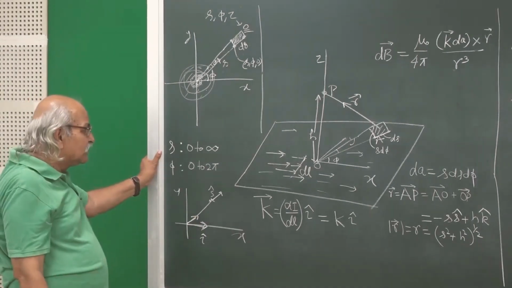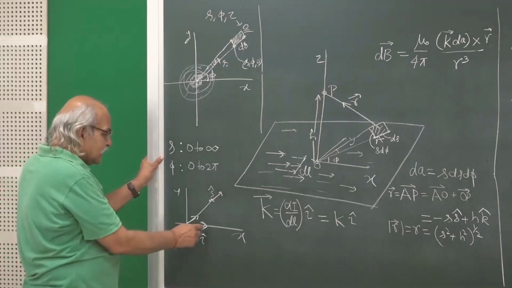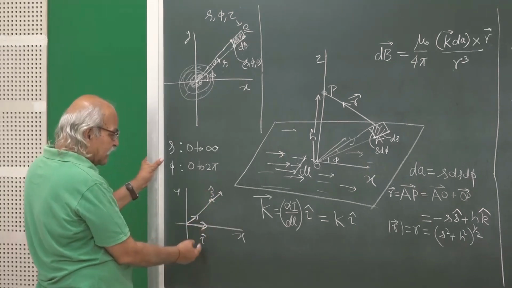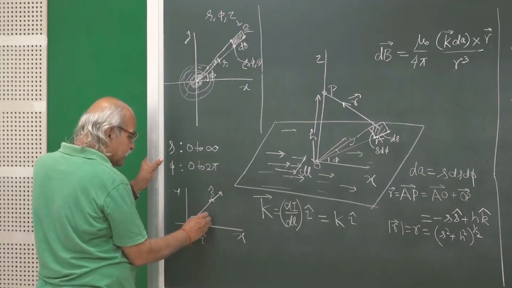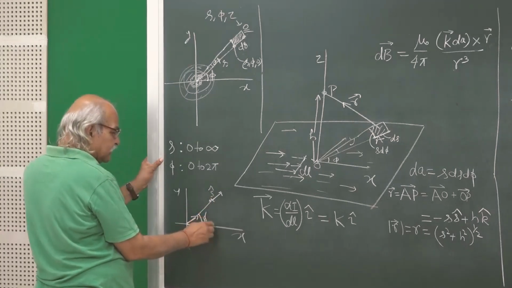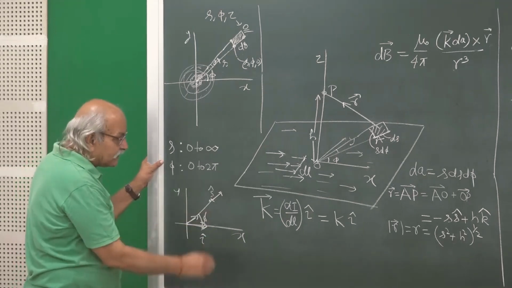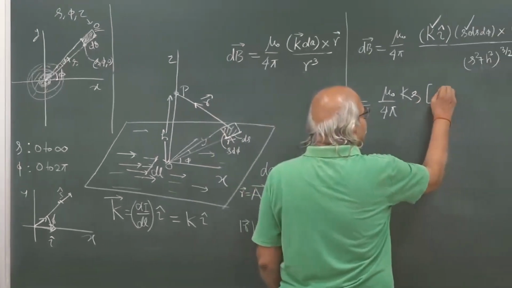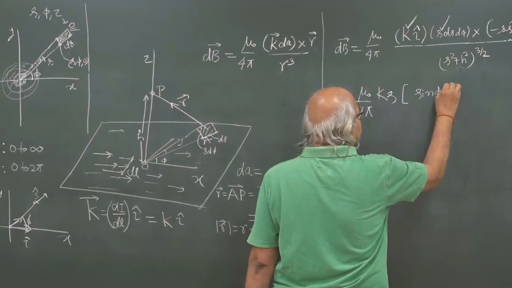And how much will be the magnitude of this I cross s? It will be magnitude of I cap, which is 1, magnitude of s cap, which is 1, multiplied by sine of the angle between the two, which is phi. So the magnitude is sine phi, and the direction is k cap.